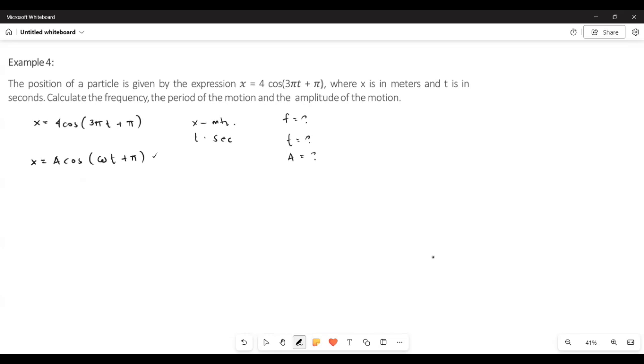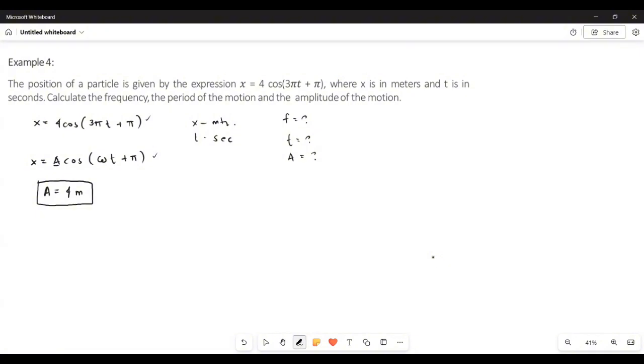So kung i-adapt natin yung formula na ito and i-connect natin sa given function x natin, we could say na yung A natin o yung amplitude ay equal sa 4. Naka-meter siya dahil A is a displacement and wala namang ibang unit na binanggit when it comes to length or displacement except for the meters. So therefore, ang ating amplitude is 4 meters.